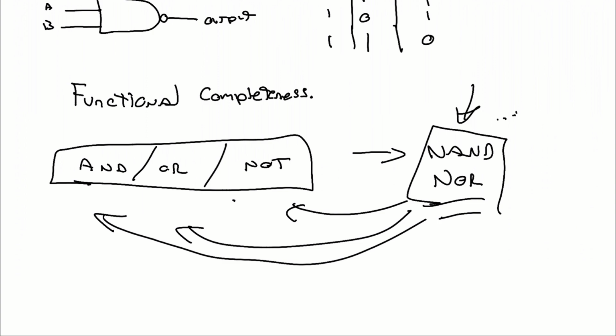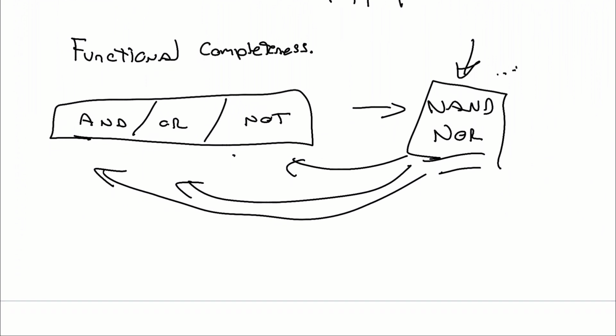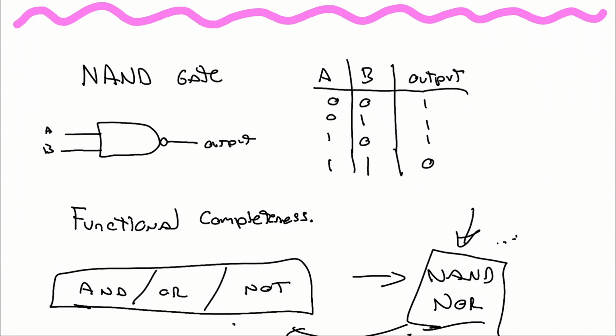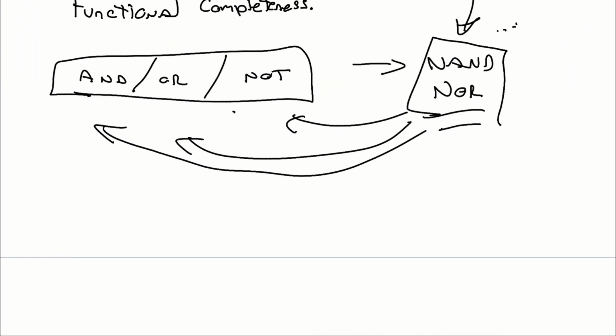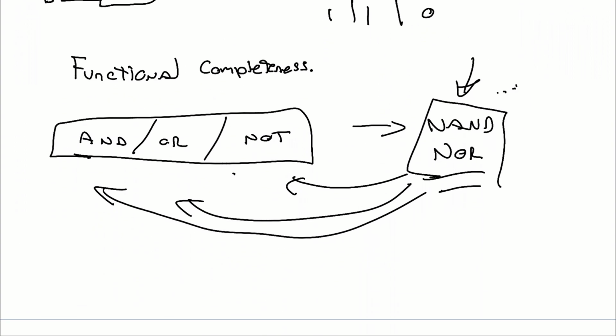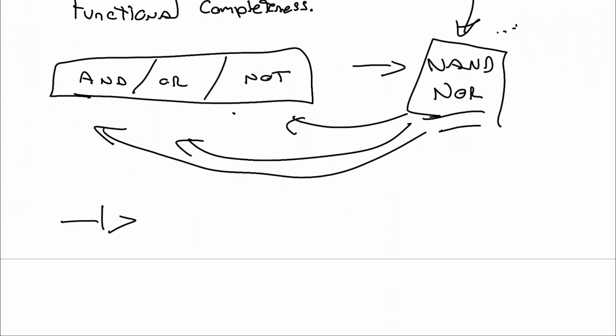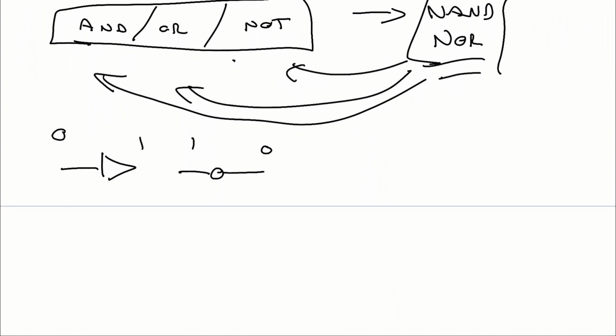Very quickly, let me prove to you how we could actually make those three gates using just NAND gates. The simplest one is just going to be the NOT, right? Because what does a NOT normally do? The NOT basically takes a 0 and makes it into a 1, or takes a 1 and makes it into a 0. So how can we achieve that with a NAND gate?